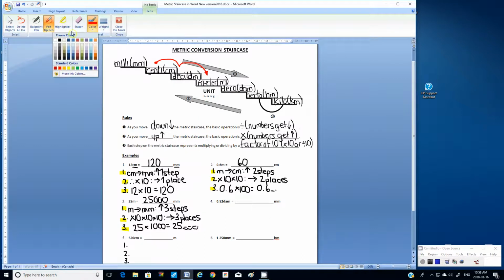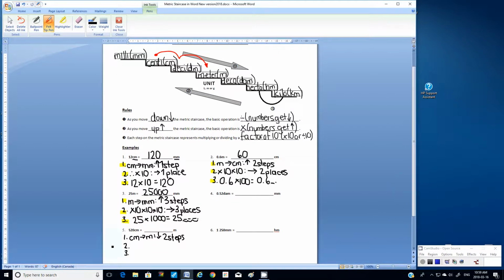Okay, so let's write down what we just did. So when we move from centimeters to meters, we know that we move down the metric staircase 2 steps or 2 hops. Okay, I'm running out of room. Let me just scroll down a little bit.